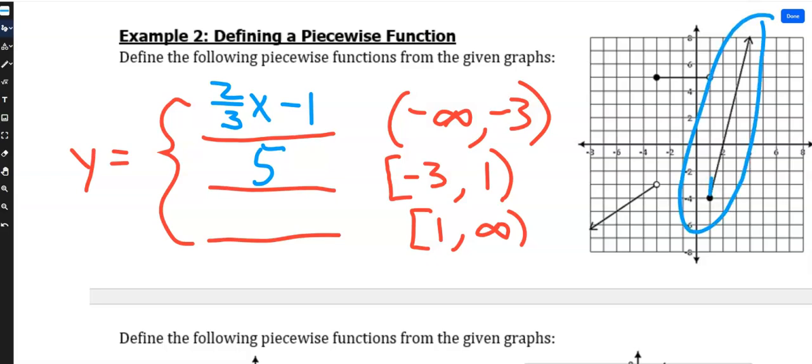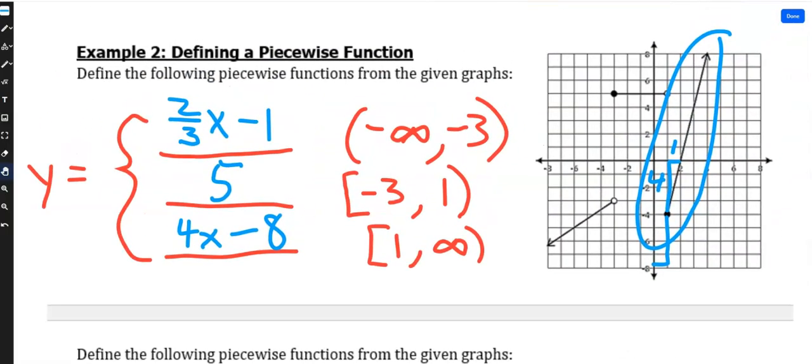It looks like it has up 4 over 1. So that is a slope of 4. And if you were to carry that line backwards, you would hit -8 for your y-intercept, down there at the bottom.